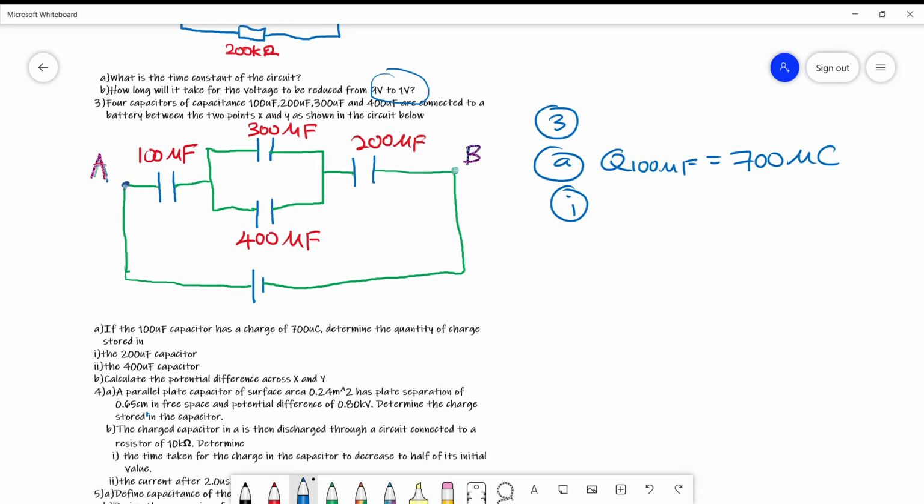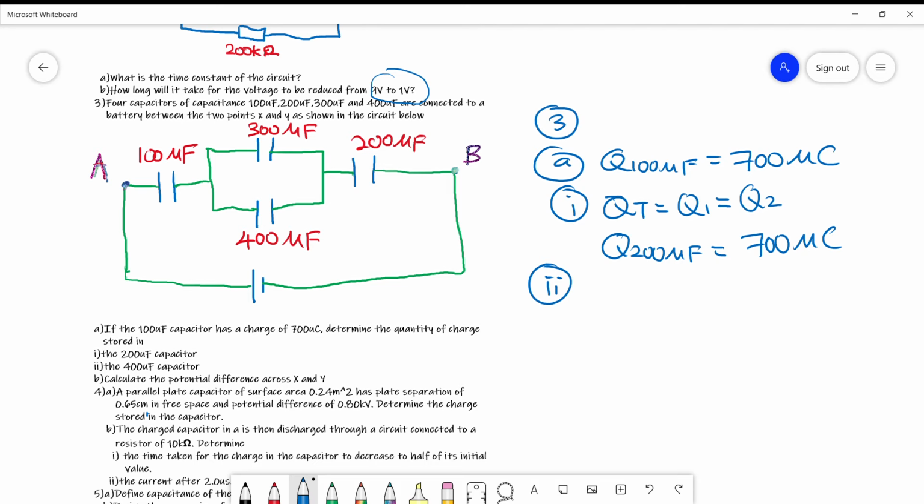The charge concept is the same as the current, so Qt equals Q1 equals Q2. So I can conclude that the charge for the 200 microfarad capacitor is 700 microcoulomb. So this is number 1.